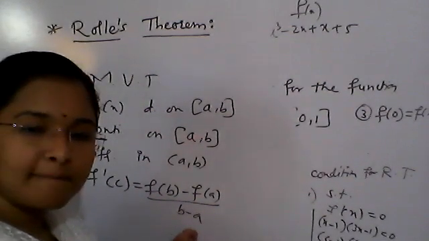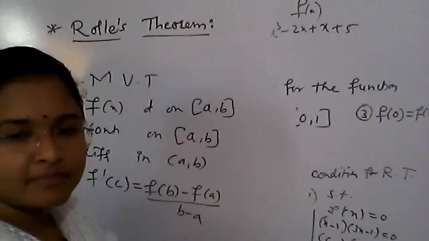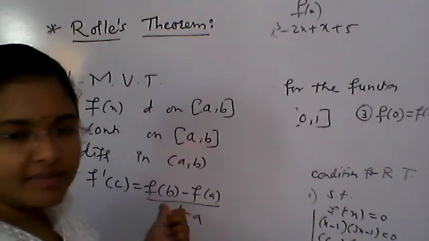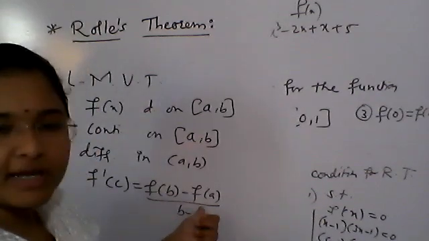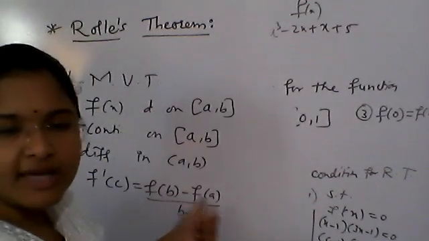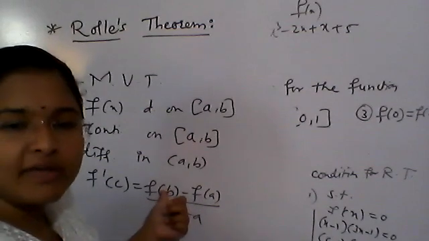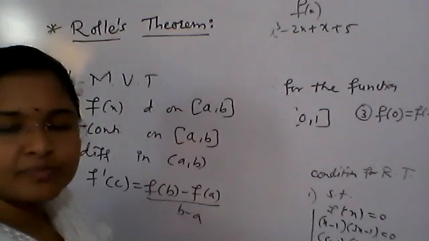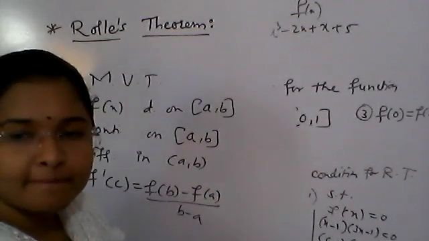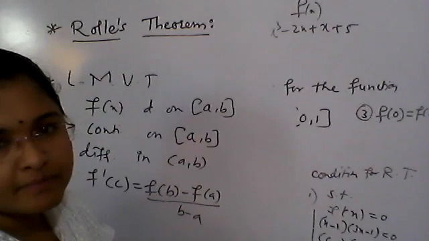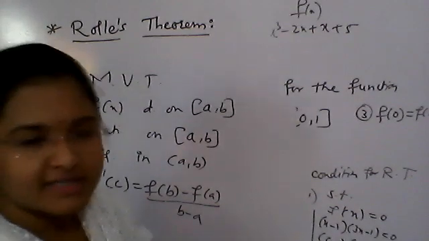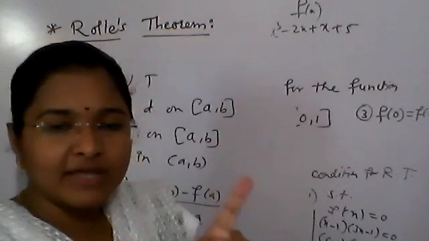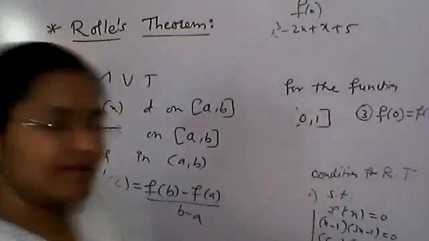Ma'am, in Rolle's theorem f of b and f of a are the same. Here there is no need to check whether they are equal or not. Just directly put the values of f of b and f of a here. When these both are not equal, that time we have to use MVT. Yes, that also you can consider. In Rolle's theorem, we were equating f dash of c with 0. Here we'll equate with this.